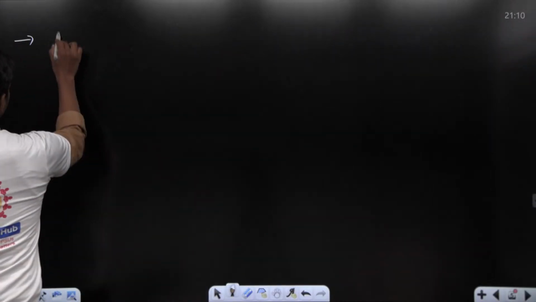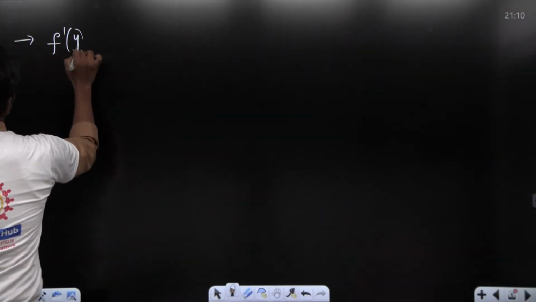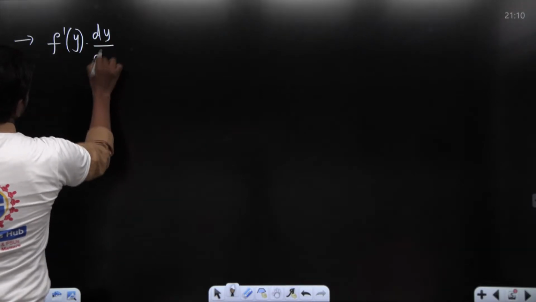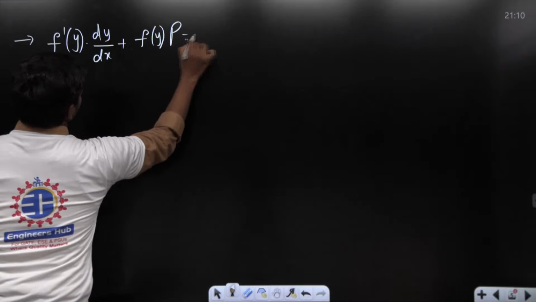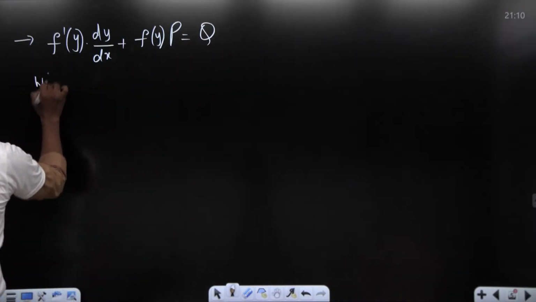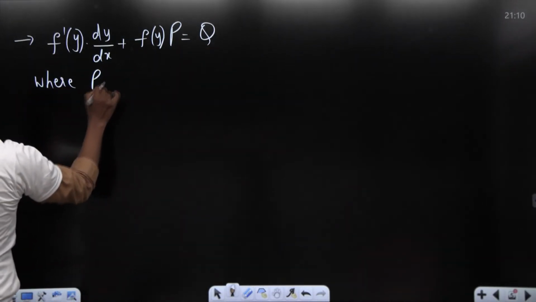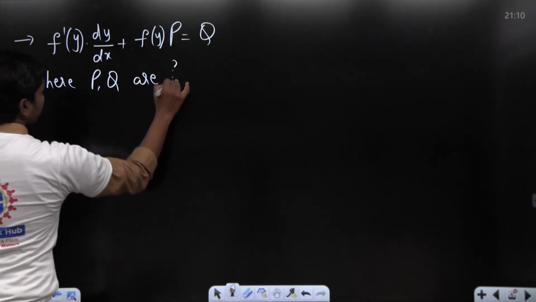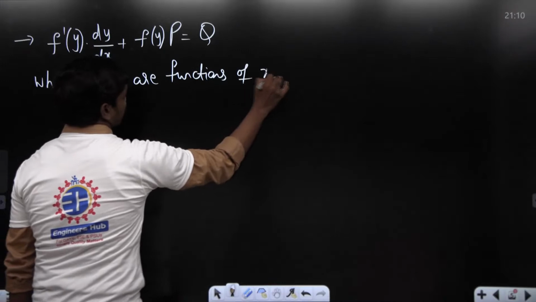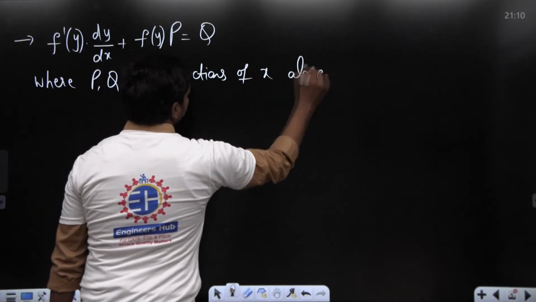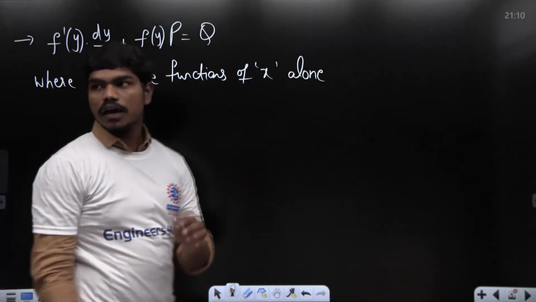Okay, so now there is one more kind of special equation. Look, if the differential equation is of the form f dash of y into dy by dx plus f of y into p is equal to q, where p, q are functions of x alone. If you have things like this, now see how to convert.